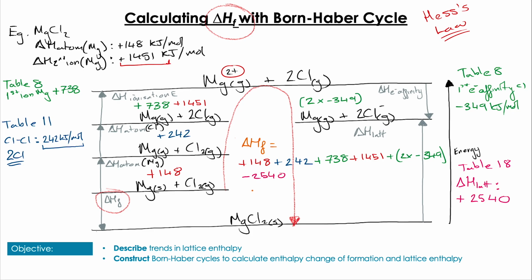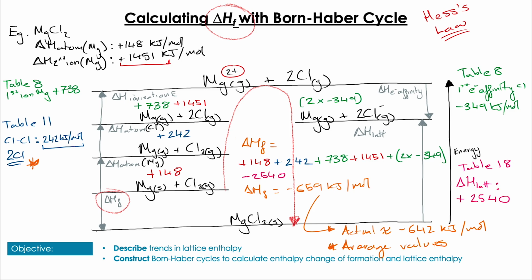Watch, because we're going against the arrow of the lattice enthalpy, which gives us an enthalpy of formation of minus 659 kilojoules per mole, and the actual is close to minus 642 kilojoules per mole. And of course, this is to be expected as there will be a slight error because we've used average values.